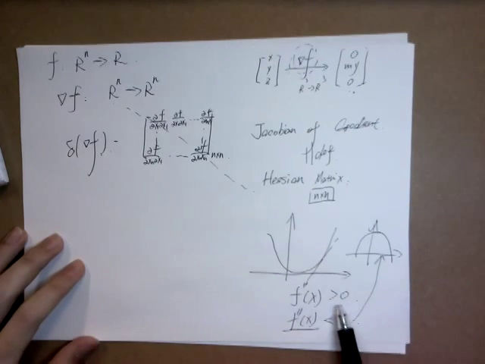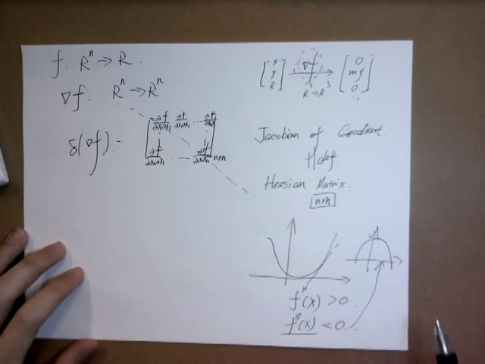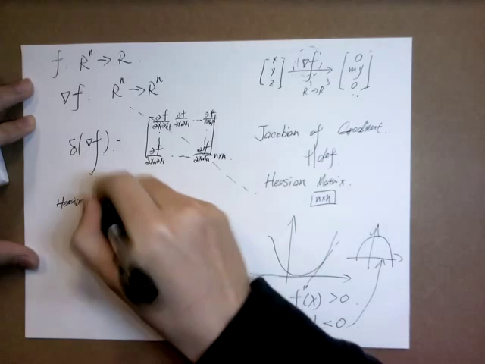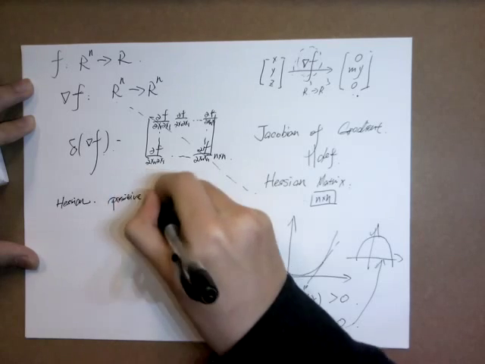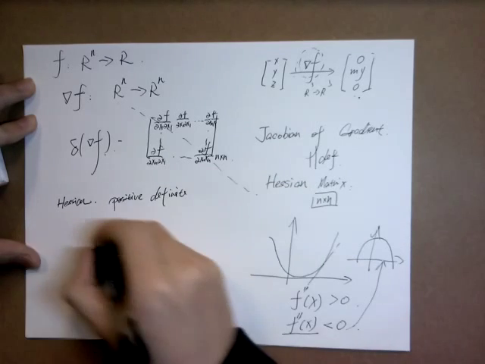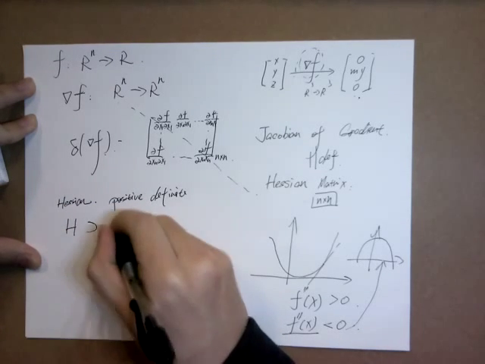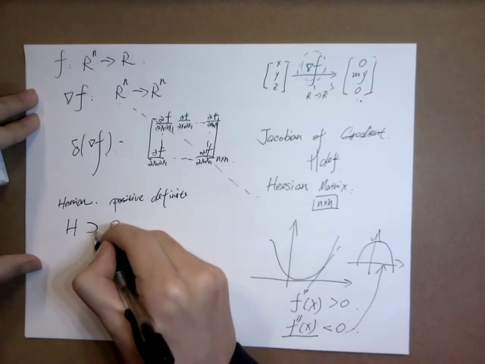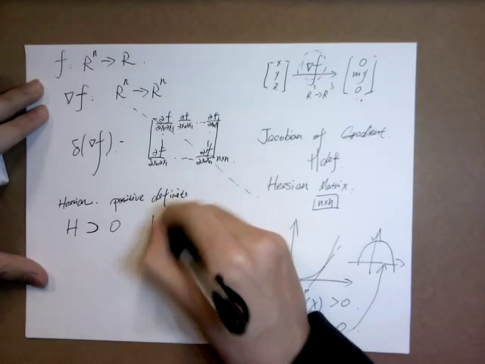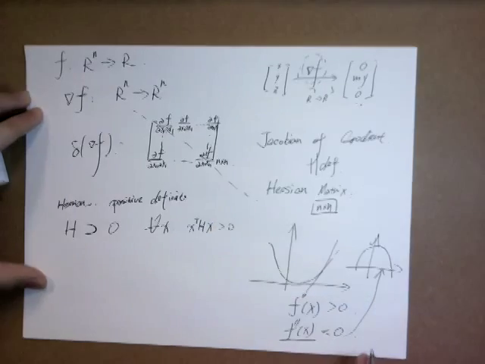It's hard to say if a matrix is larger than 0 or less than 0, but a matrix has its own property. If the Hessian matrix is positive definite, we can write H larger than 0, though it's not exactly the larger-than character. Positive definite means that for an arbitrary vector x, x transpose Hx is larger than 0.